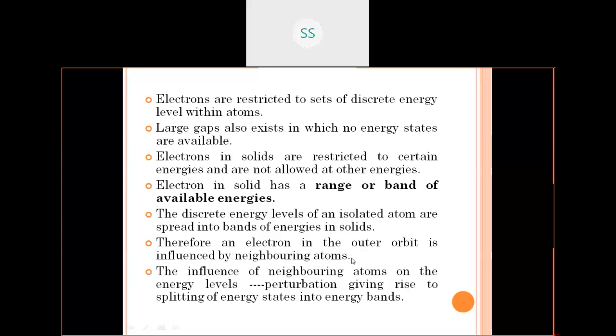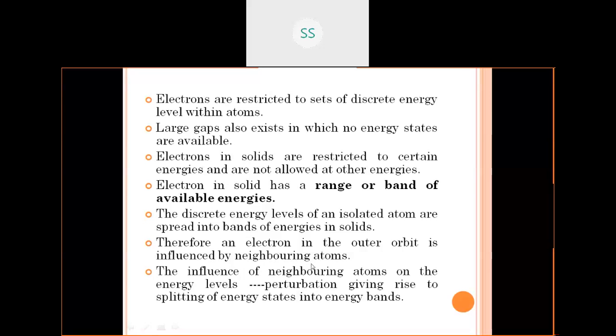Now, this is what is going to cause the interaction between the atoms. And this is the reason for sharing of the electrons, or losing or gaining energy, forming the bands, etc.